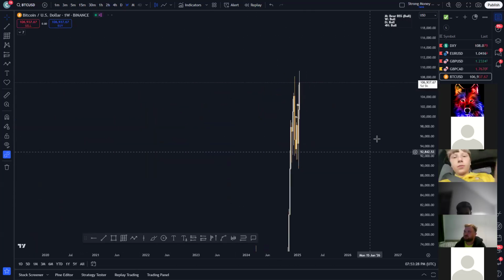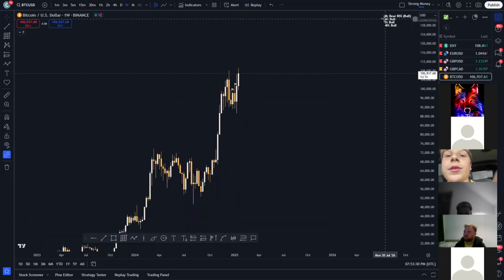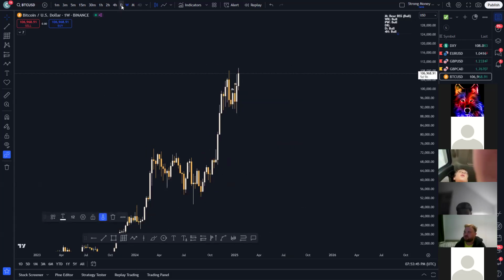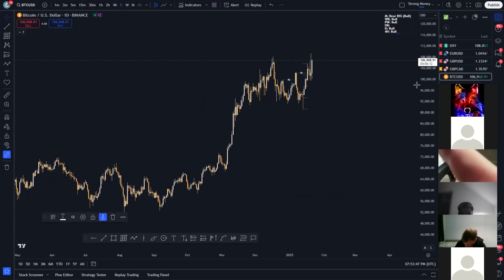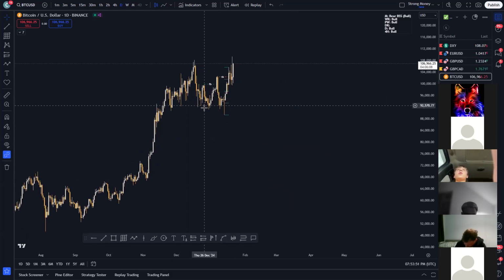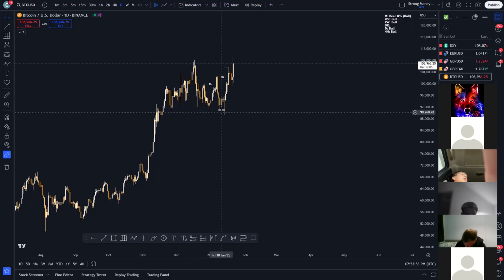If I do the ranges as well, obviously we're quite bullish. So weekly range bull, previous date bull. Daily range, that's an interesting one. Bull, first break, true break.